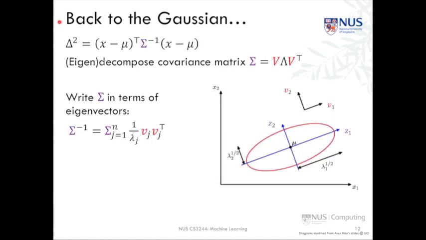What we can do is go back to the idea of the normal distribution or Gaussian and try to apply eigendecomposition of the covariance matrix as we saw in the last section. We're going to write the covariance matrix in terms of eigenvectors. As you can see here, we have the eigenvectors and they're scaled appropriately by the eigenvalues.